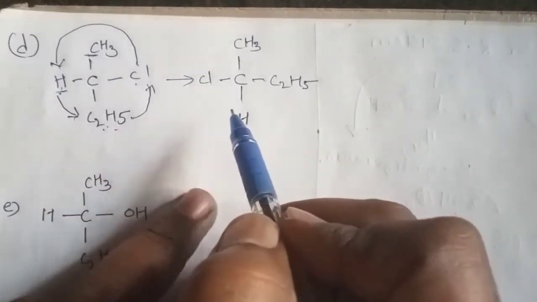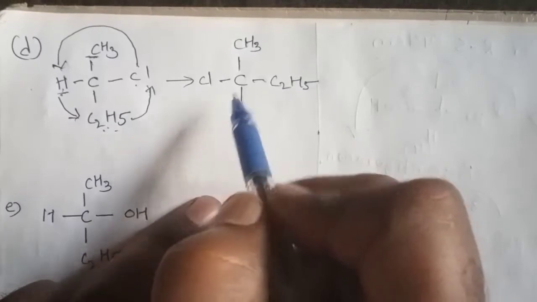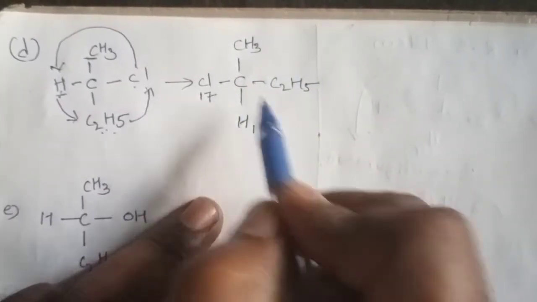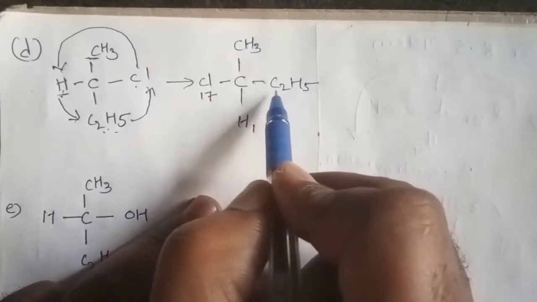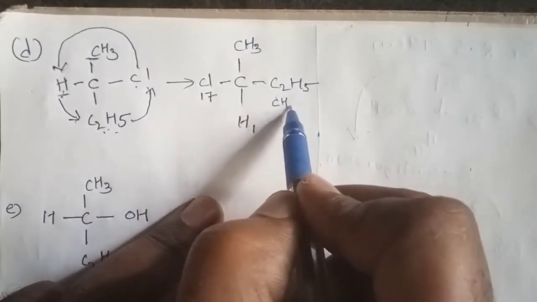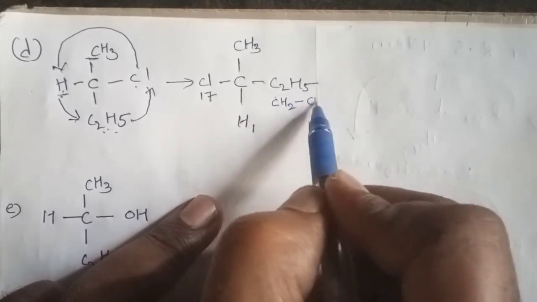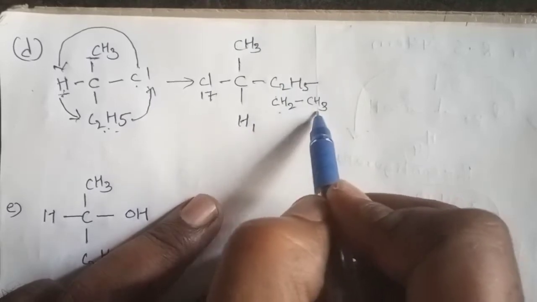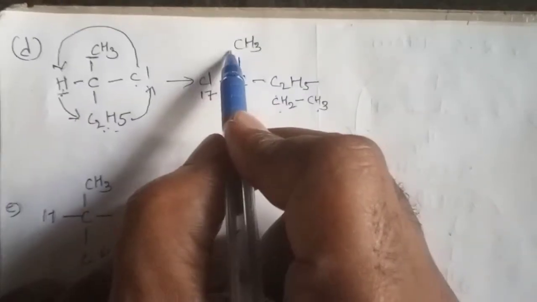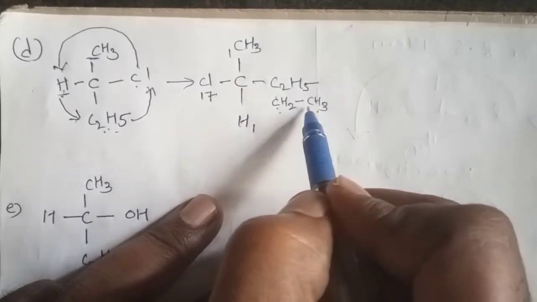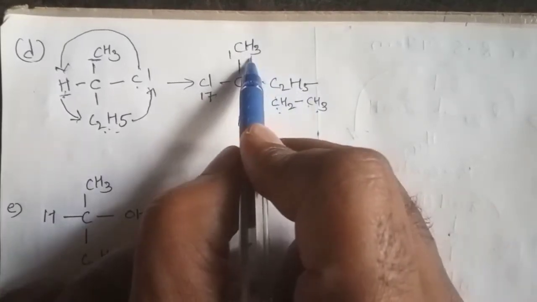Now start writing atomic numbers. Chlorine is 17, hydrogen is atomic number 1. Here both atoms are the same, but for the second atom, C2H5 you can write as CH2 and CH3. Here the first atom is carbon, and here the first atom is also carbon, but here the second atom is carbon, while here the second atom is hydrogen.